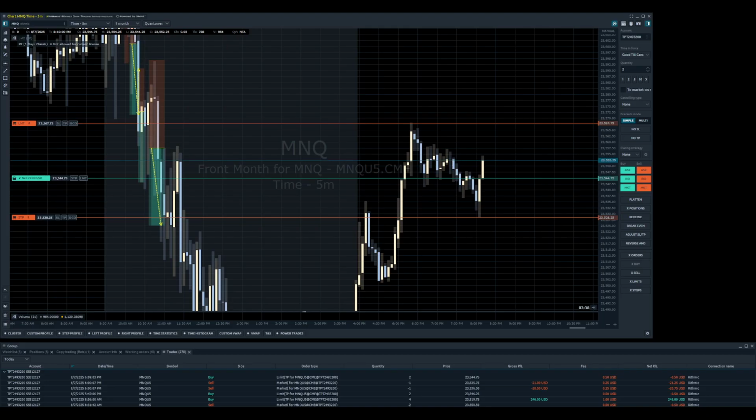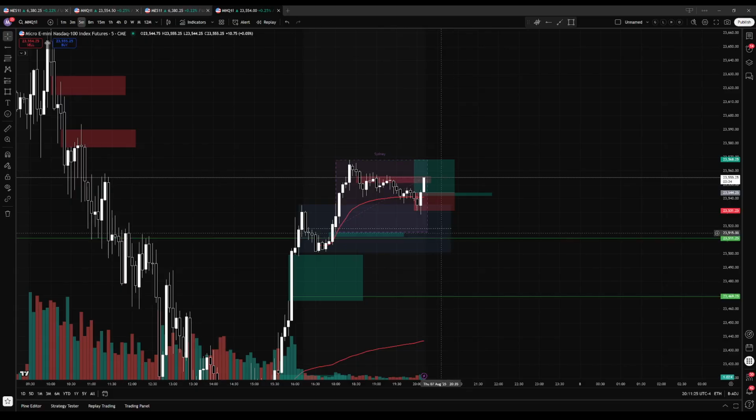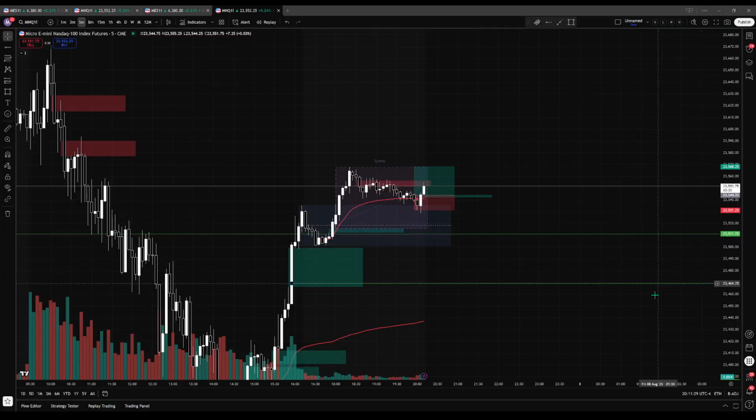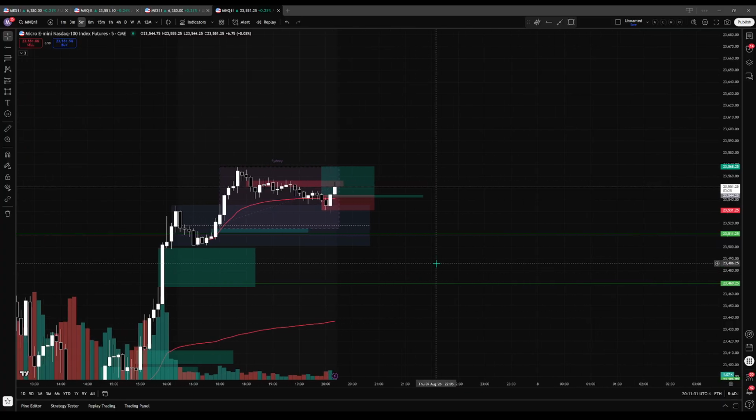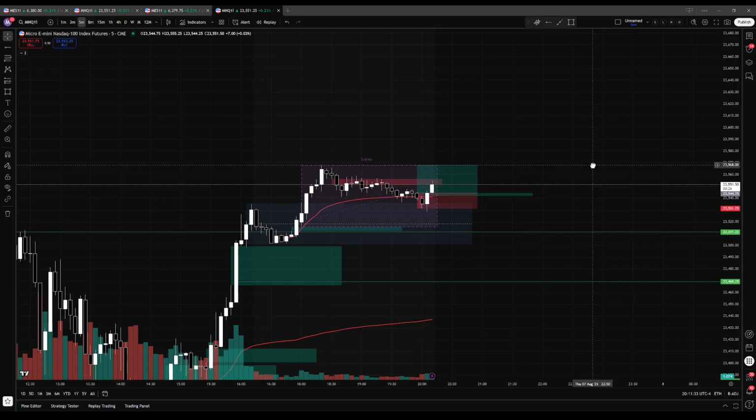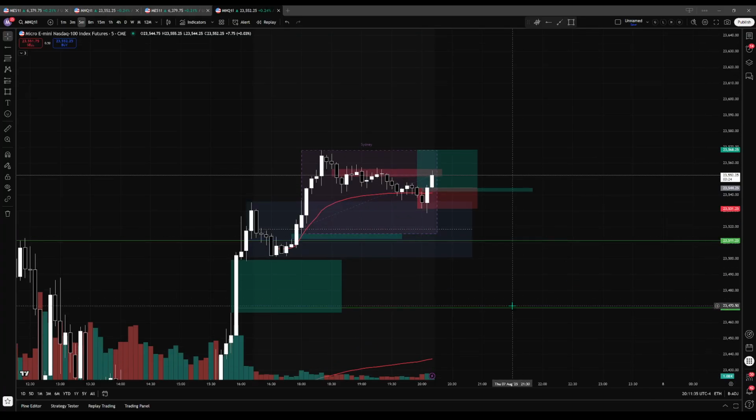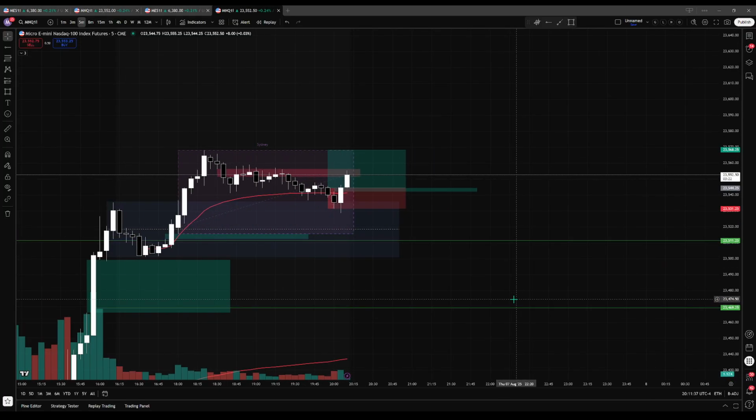Let's go back to TradingView because this is where I like to kind of watch the action. Now we are in the bearish fair value gap as we speak. We just wicked into it, not fully mitigating it yet. So that is a selling area.